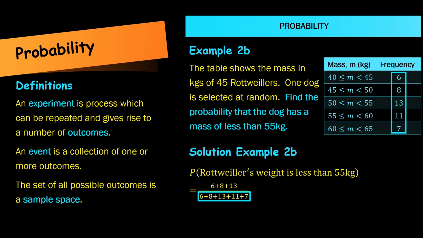And we divide that by the total number of dogs altogether. This gives us 27 out of 45. And of course we can cancel to give us 3 out of 5.